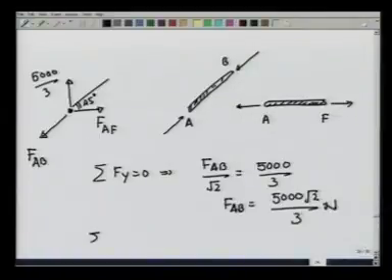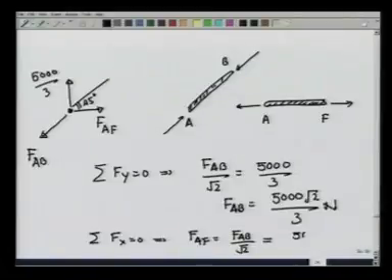Similarly, summation Fx equal to 0 gives me F_AF to be F_AB over root 2, which is equal to 5,000 over 3 newtons. So, now I have gotten forces on two members of the truss, namely AB and AF.